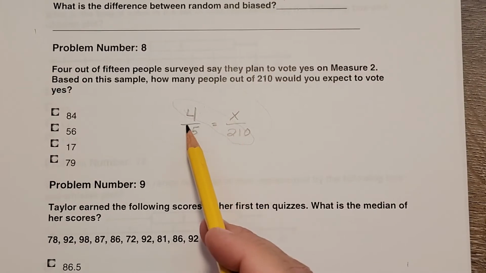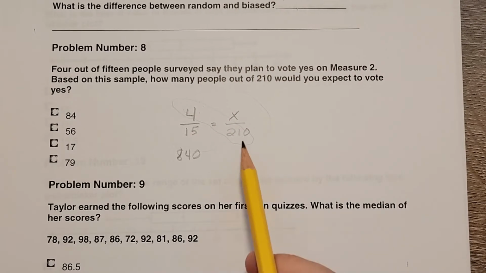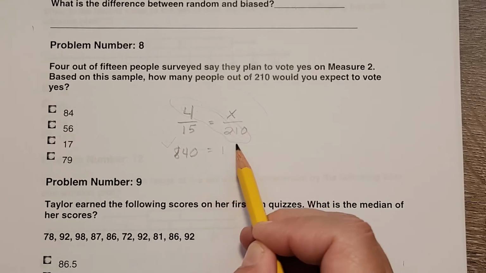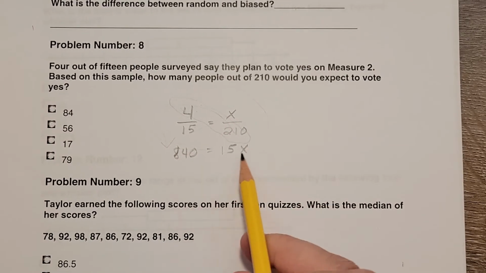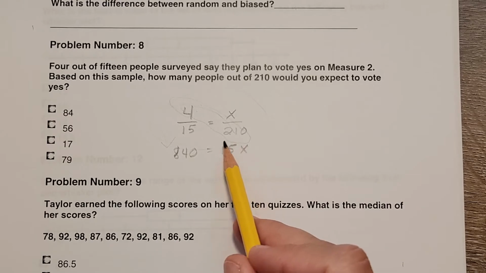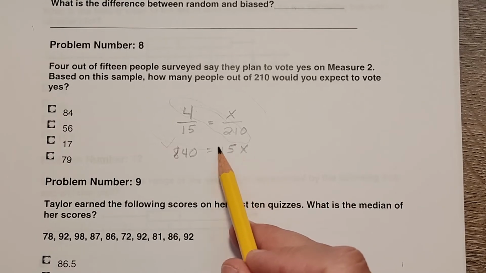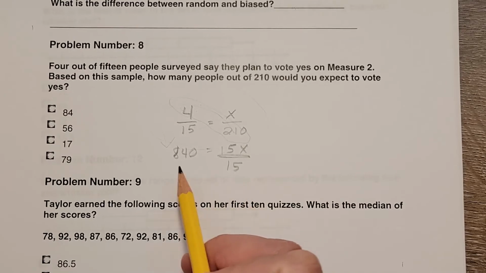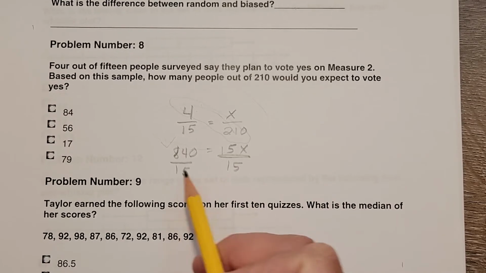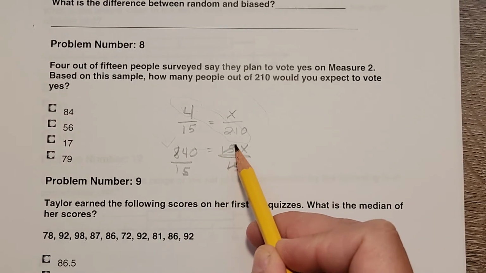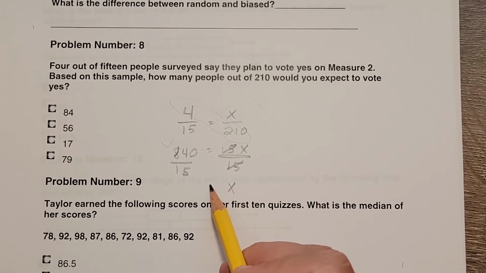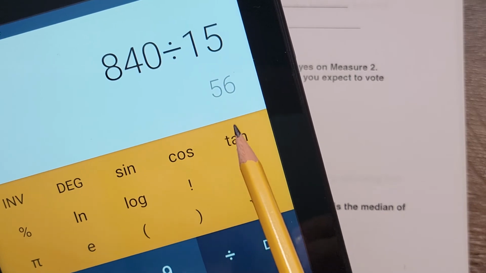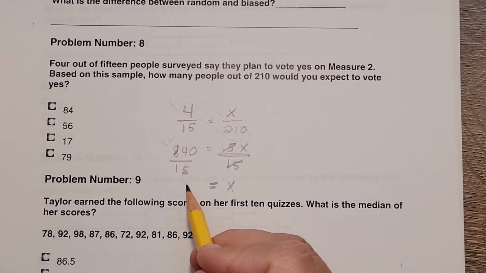So 4 times 210 is 840, and then 15 times x is 15x. To solve this, we do the opposite of what's happening here. What's happening here is multiplication, 15 times x. So we're going to divide both sides by 15. Canceling these out, all you have left is x equals 840 divided by 15, which is 56.